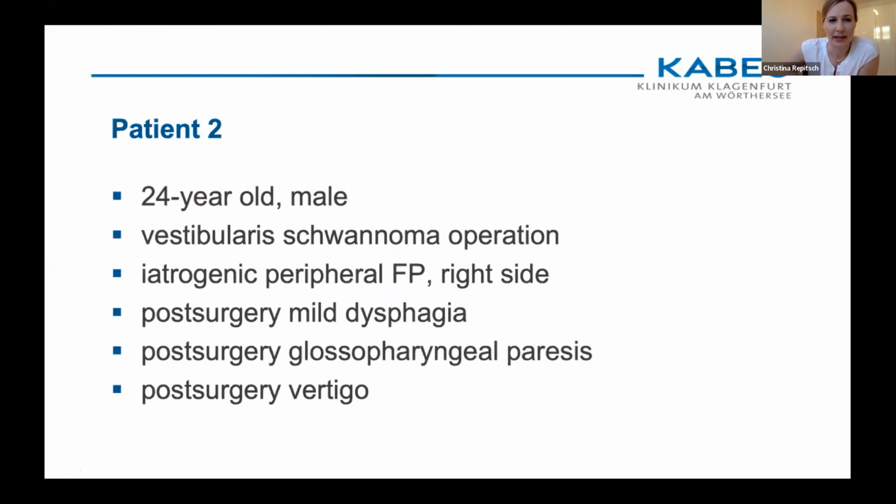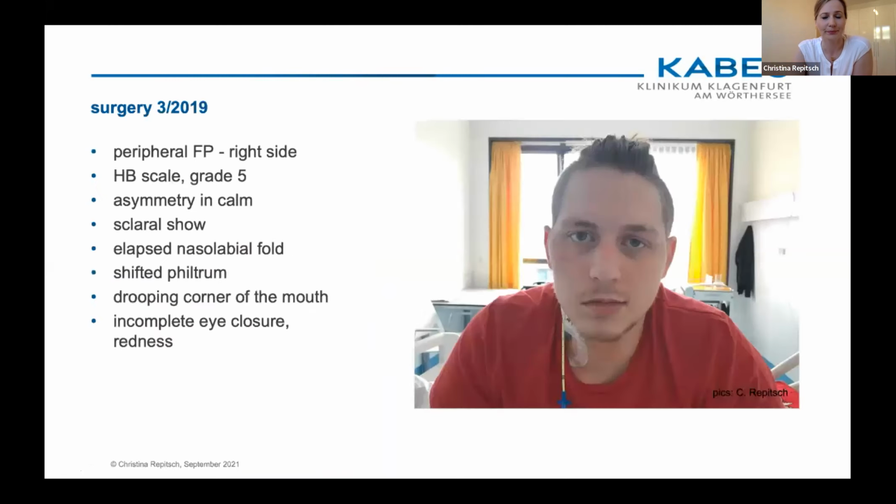And another patient you already know is the 24-year-old male patient. He had a vestibular schwannoma, and post-surgery he had a mild dysphagia, a glossopharyngeal paresis because of the operation, and vertigo.